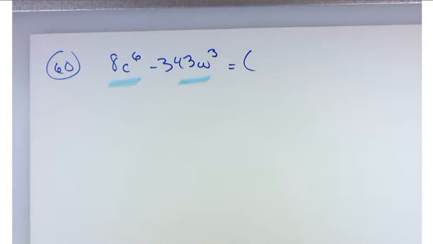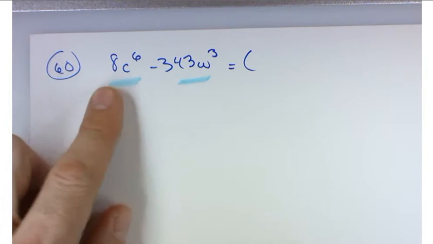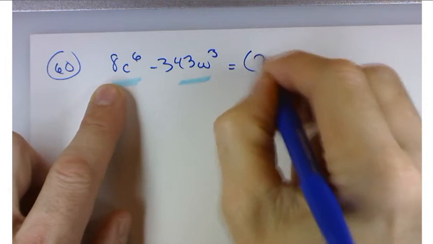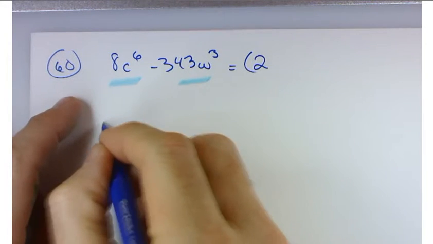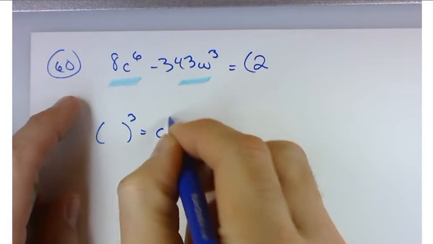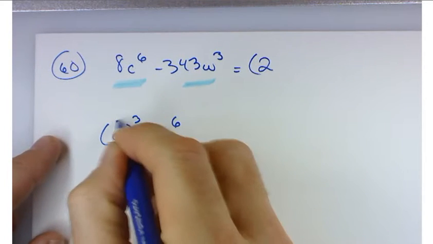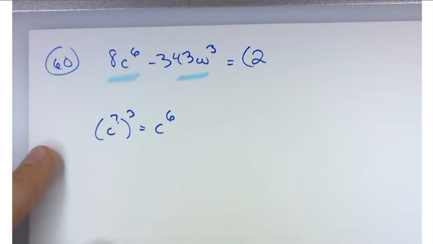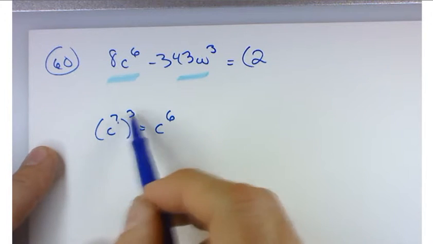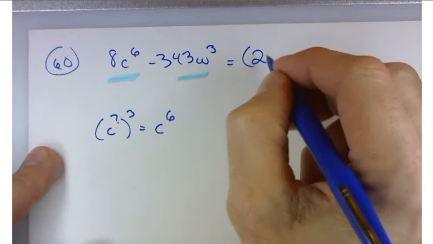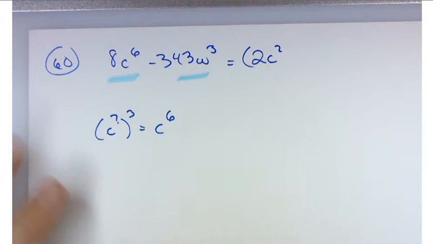In addition to the first 20 perfect squares on the left-hand side board, somebody handsome, athletic, really intelligent, and modest also left for you the first 10 perfect cubes. So let's take a look at the left-hand side. What do I cube to get 8? 2. Then I need to cube something to get c to the 6th power. It has to be c to some power. What do I multiply 3 by to get 6? So it's going to be 2c squared.